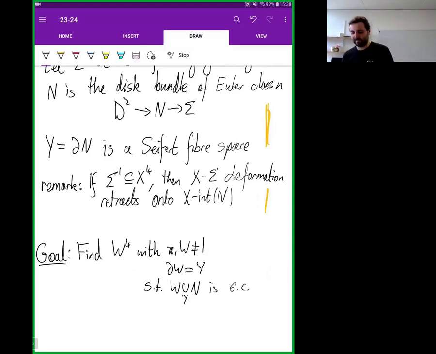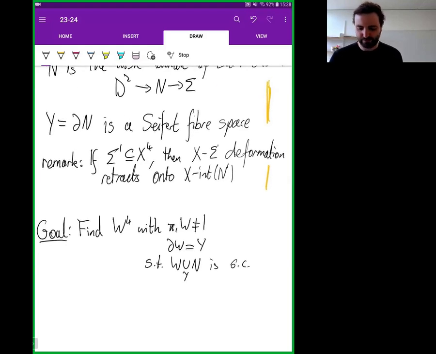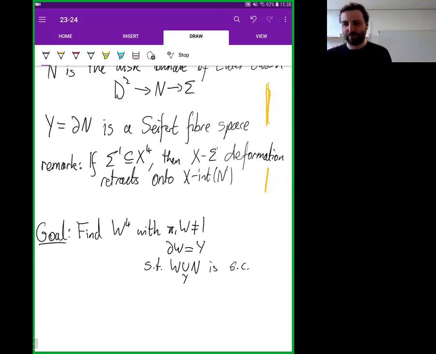Then we'd be done, right? Because cutting out N is, by this remark, like cutting out the surface, and the complement is just W, which has non-trivial fundamental group. So we've just restated the problem as a glue-in problem instead of finding something and cutting something out.